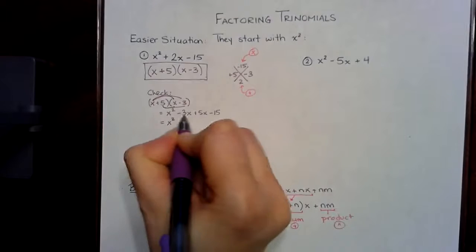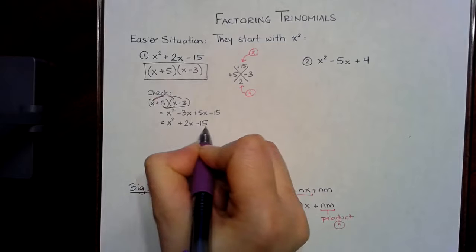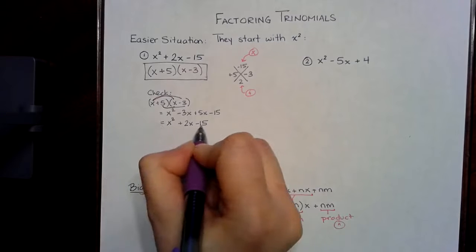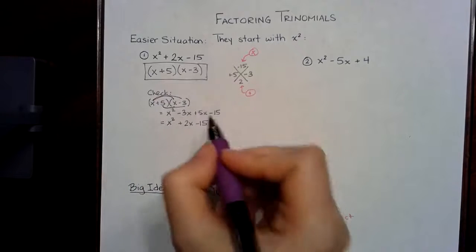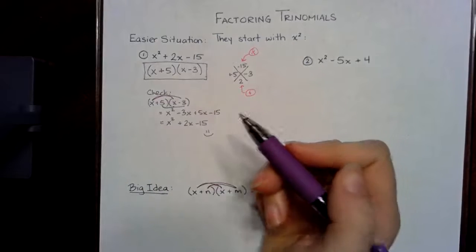If I combine like terms, I get x squared plus 2x minus 15, which is exactly what I started with. So I know that I have factored this correctly.